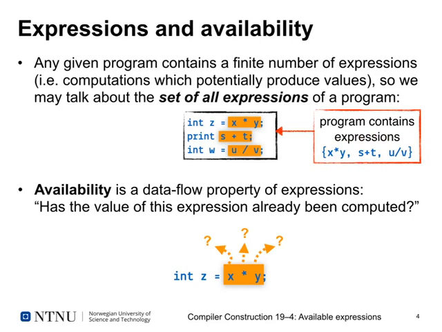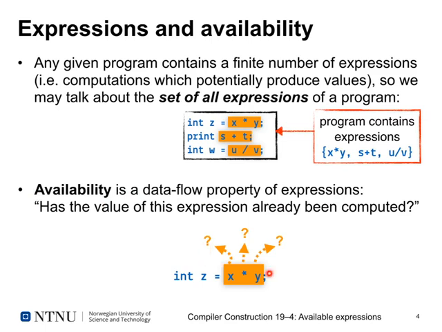We are now considering availability of expressions. Availability, like the properties we've seen before in static analysis, is a data flow property of a given expression, and it asks the question: has the value of the expression we are currently looking at already been computed?